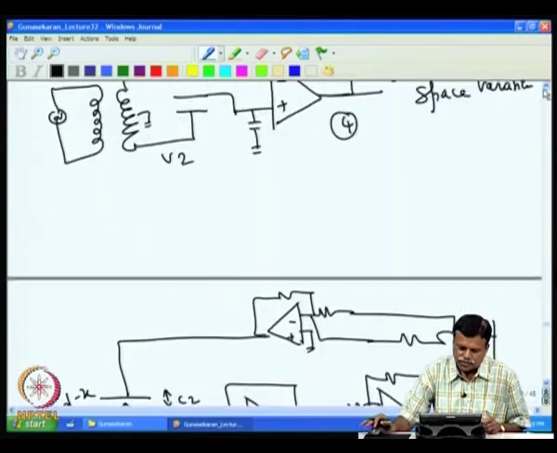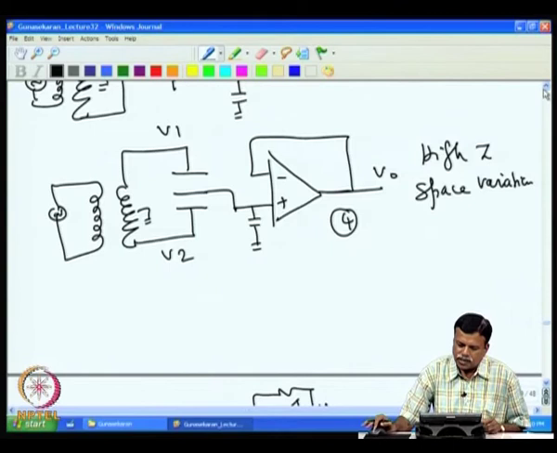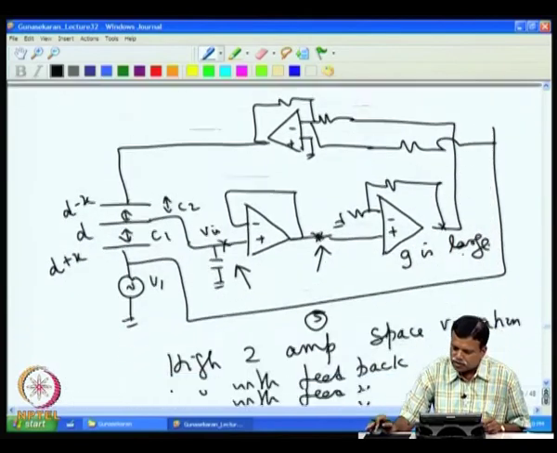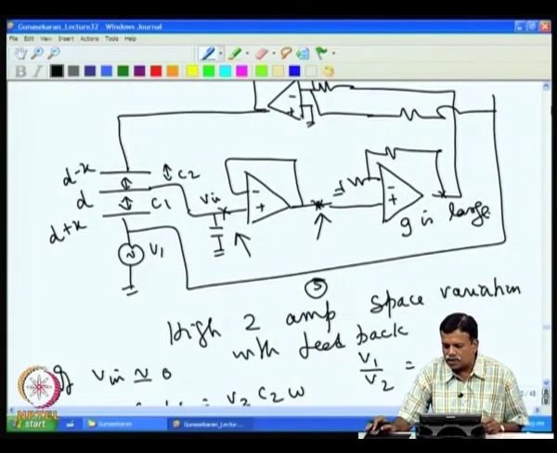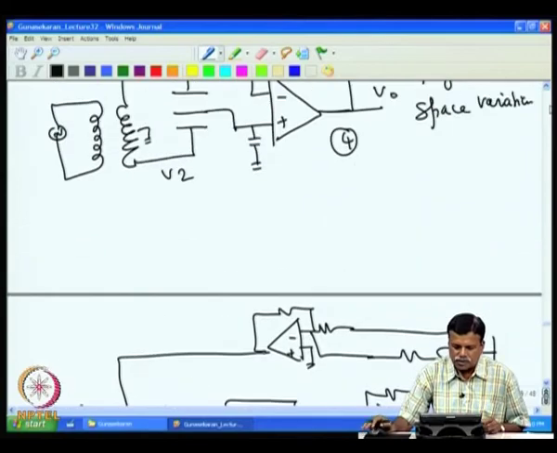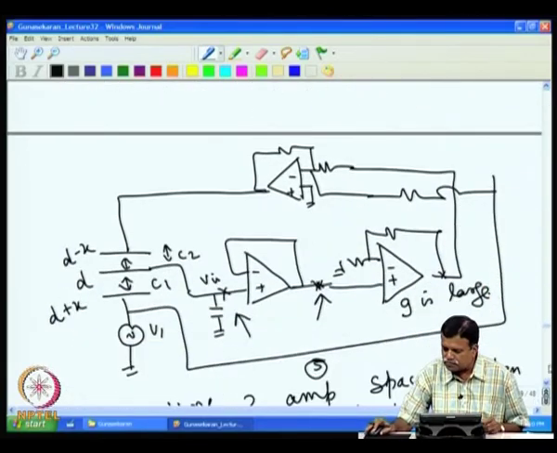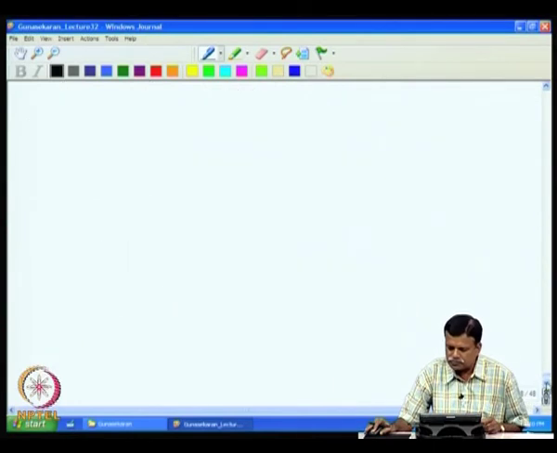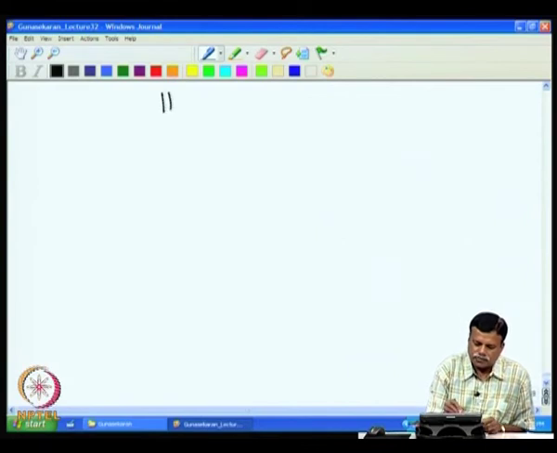Circuit number 4, if we see here, is actually a low Z amplifier for space variation. So, how this amplifier behaves we can see now. So, we take this low Z amplifier for space variation.